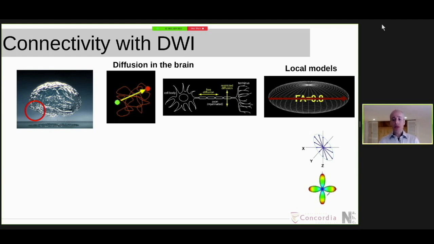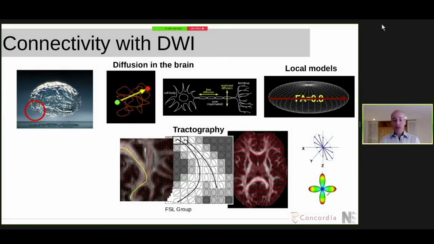So we then take those local models and we build maps of directionality, essentially. So here, this image down here shows you the principal diffusion direction in all of these voxels. And to do tractography, we basically just set a region of interest where we track from, for example, right here. And then we follow how those principal diffusion directions are lined up.